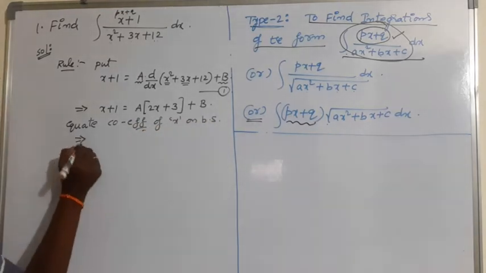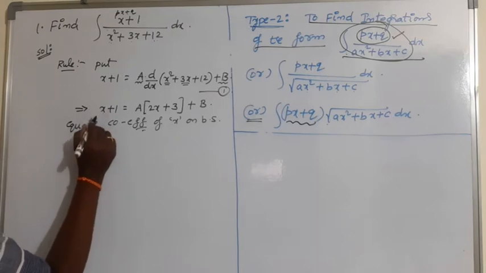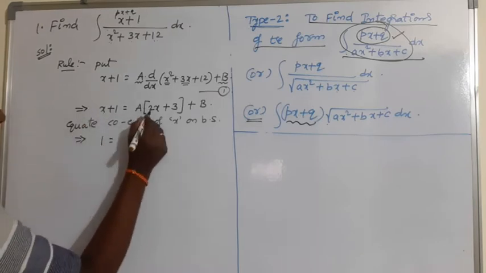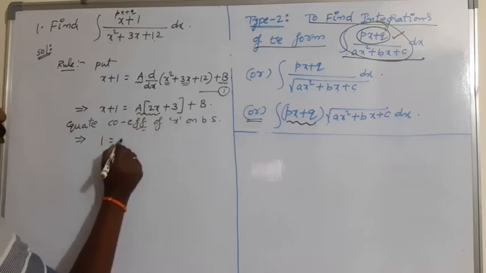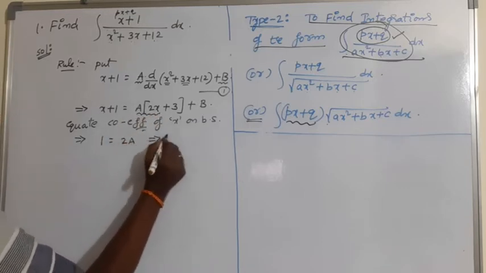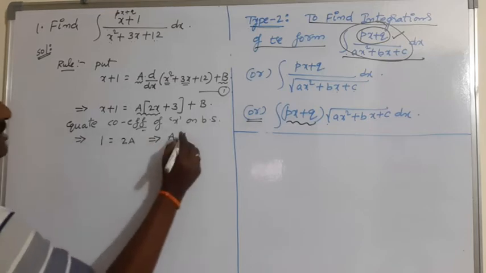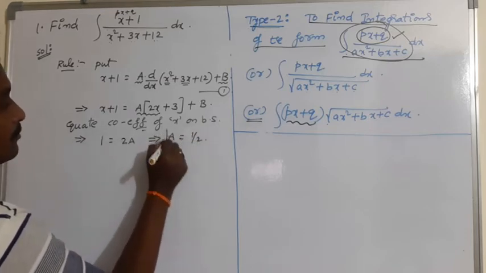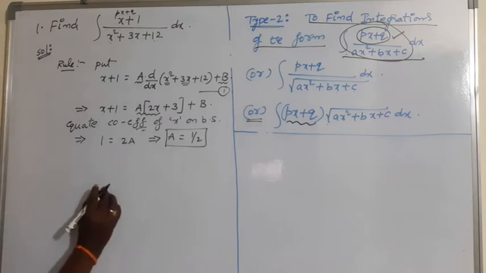What is the coefficient of x in the left hand side? 1. In the right hand side, the coefficient of x is 2A. If 2A is equal to 1, then what is A? 1 by 2. Directly you will get the A value.